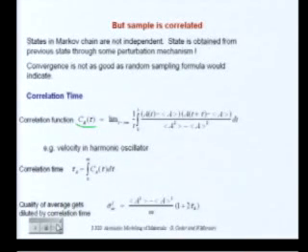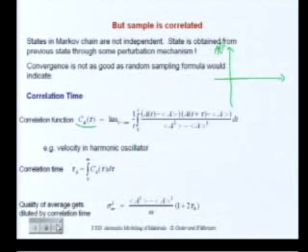And what does it measure? What is correlation time, in case you're not familiar with it? If I look at a quantity, let's say as a function of time, and time could be here sample length, the distance in my Markov chain. Let's say I get a bunch of points scattered like this.